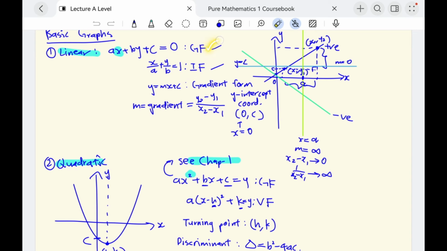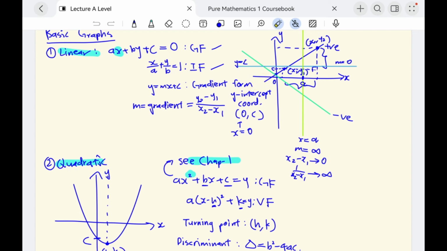I believe you have learned these two forms from your secondary school, SPM, IGCSE, or O level. You should be familiar with this. But in A level, the intercept form is not usual. Usually, we leave the equations of linear lines as either the general form or the gradient form.